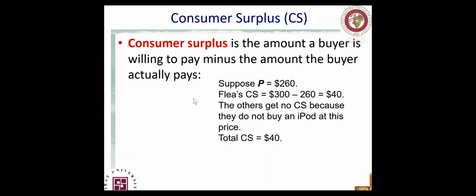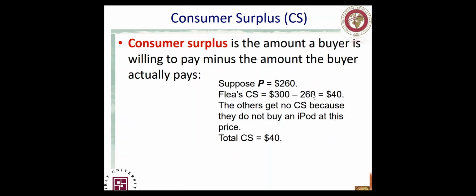So if we think about a price of 260, for example, what is the consumer surplus for Flea? Her willingness to pay is 300 minus the actual price, so that's 40. But for others it is 0. Why? Because 260 is above Anthony's, Chad's, and John's willingness to pay.